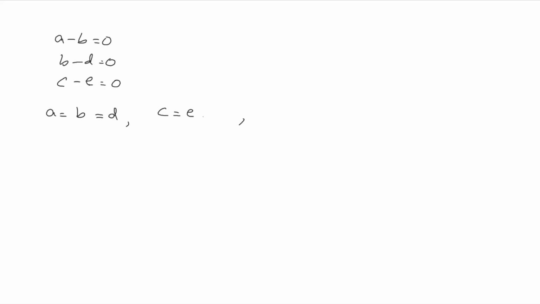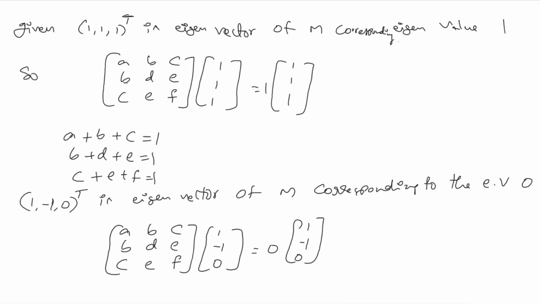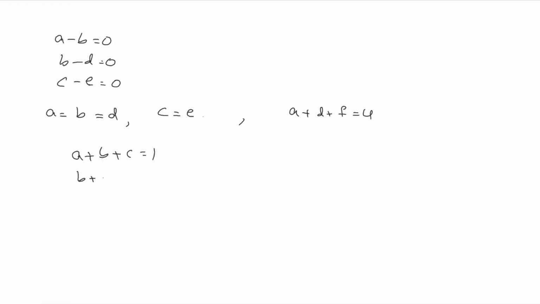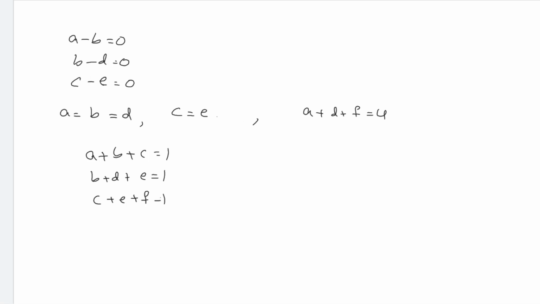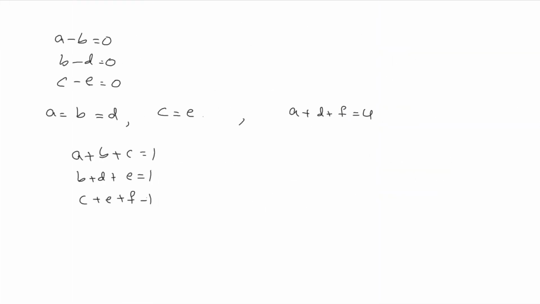And we have the other conditions: from the trace, A plus D plus F equal to 4, and A plus B plus C equal to 1, B plus D plus E equal to 1, and C plus E plus F equal to 1. So in total we have these equations. Now by solving all these equations we have to derive the value of F. Substituting these values in the three equations, A plus B becomes 2A plus C equal to 1.